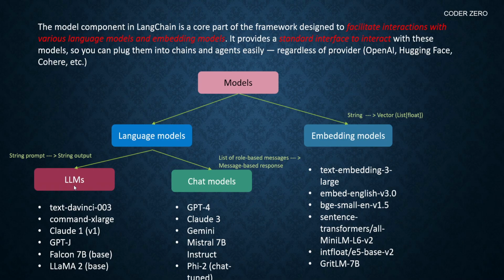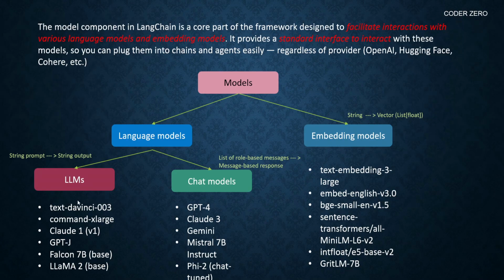These LLMs we can also call text completion models. Here we'll be giving string as input and we'll be getting string as output. In case of chat model, we'll be giving a list of role based messages and we'll be getting a message based response. And in embedding model, we'll give string as input and we'll get numerical vector as output.